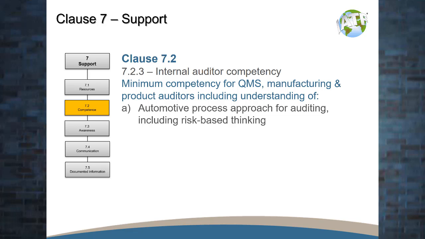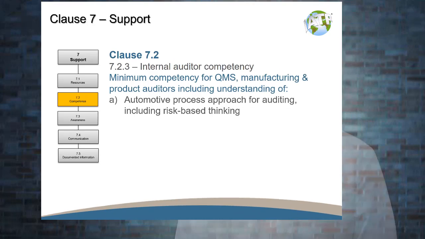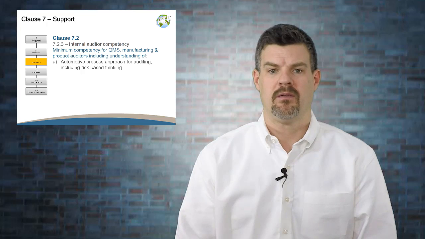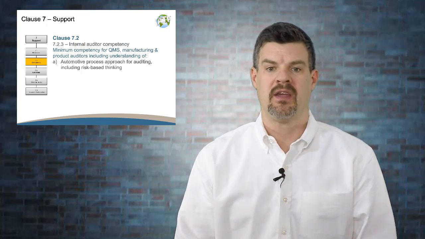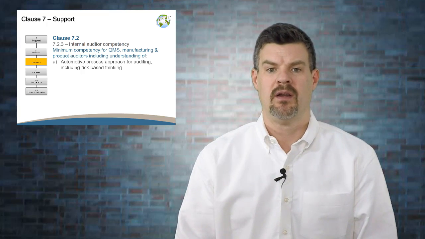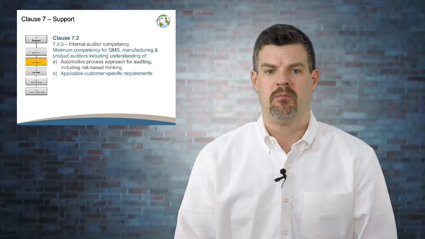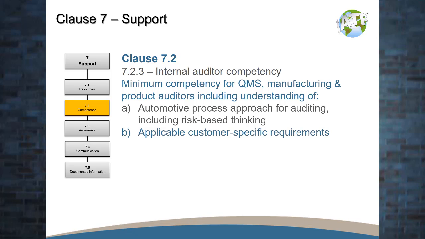But the idea here is looking more so at objectives and targets, starting with data, looking at those processes that have a greater impact on the customer, specifically looking at those processes where there might be high risk or you're not meeting the targets as intended. So we'll get into that in a little bit more detail here in a few slides. But applicable customer-specific requirements.